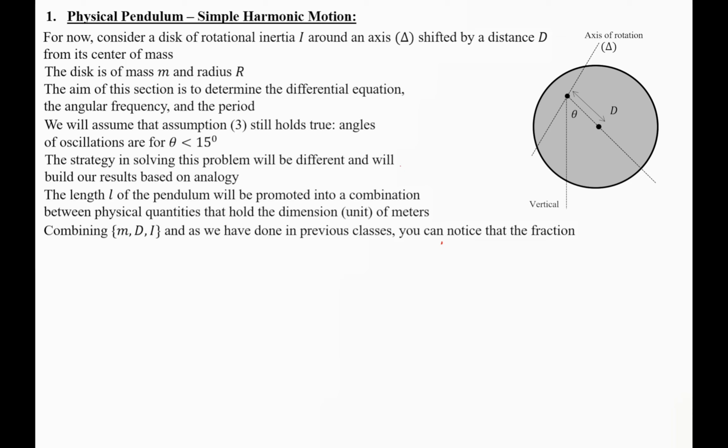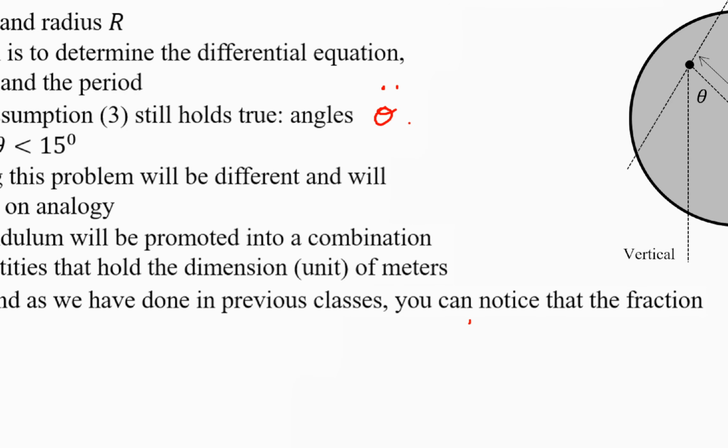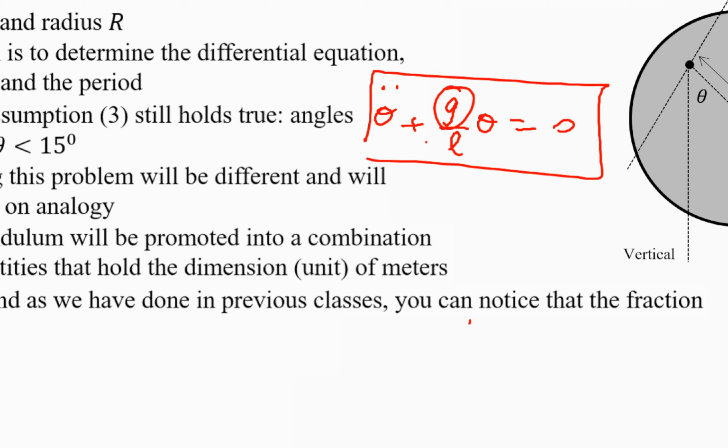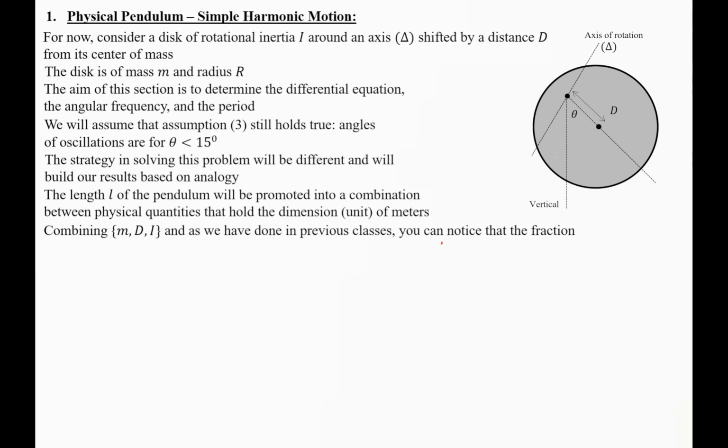The differential equation for a simple harmonic oscillator for a simple pendulum is given by theta double dot plus g over L theta equals 0. Now g, it's fine, we can keep it as g, but our problem is just to replace L for a simple pendulum with something related to a physical pendulum.